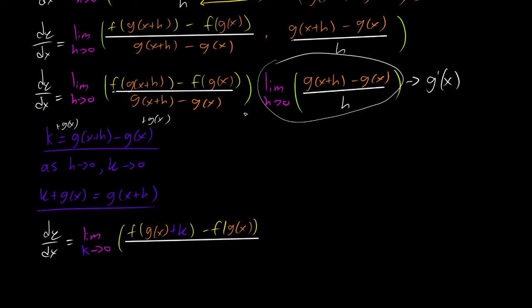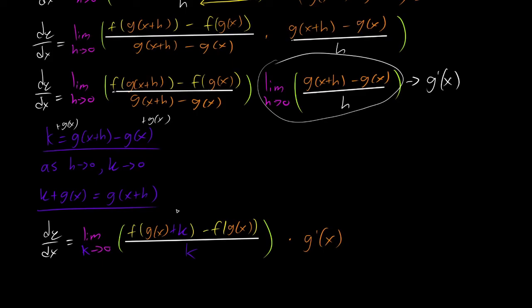And for the denominator here, we're going to use our substitution that g of x plus h minus g of x is equal to k. I'm just going to replace this entire thing with k. And that's our new limit. And we're going to multiply this by g prime of x.